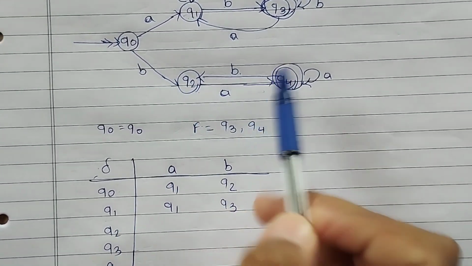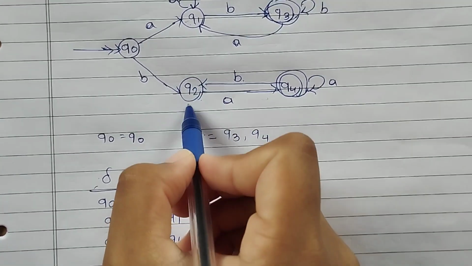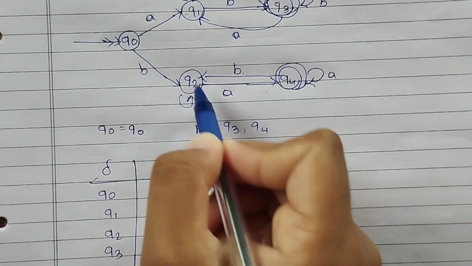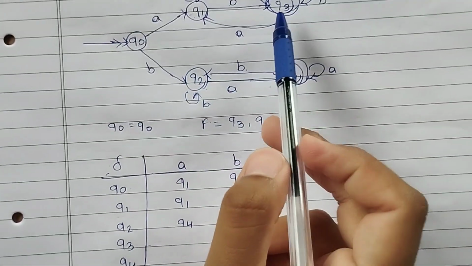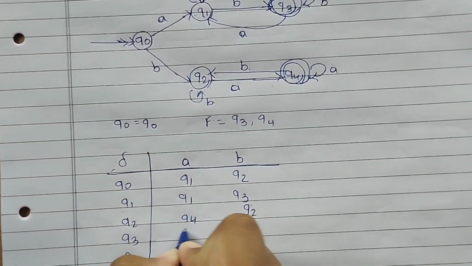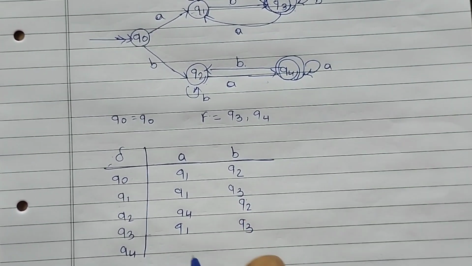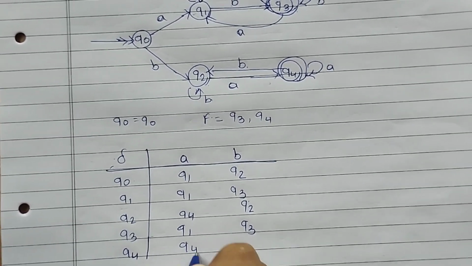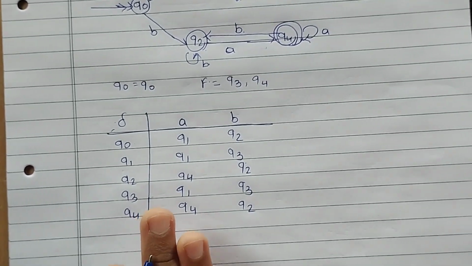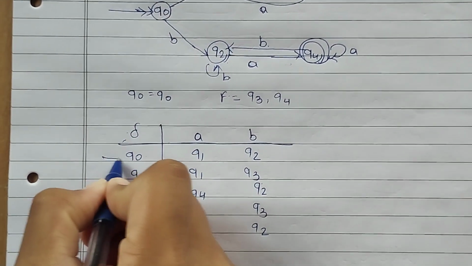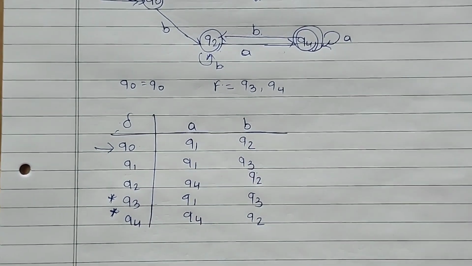Q2 reads A to Q4, and Q2 reads B to Q2 itself. Now Q3 reads A to Q1 and Q3 reads B to Q3, and the same for Q4: A is read by Q4 itself and B goes to Q2. So this is our transition table of the DFA. This is our initial state, and Q3 and Q4 are our final states.